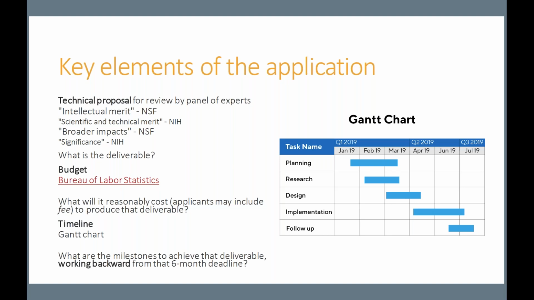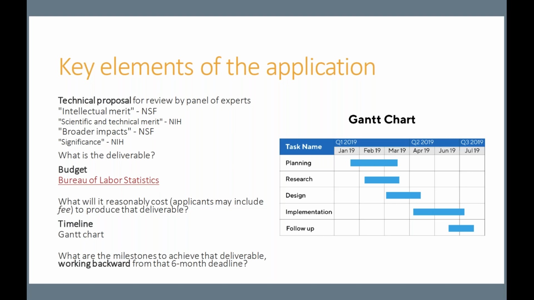Well, I better make sure that those are very clearly articulated in my application as well. So those are the two big sections of the technical proposal that you 100% should cover for every agency. Whether USDA has different phrases, Department of Energy, same thing, but they get to the same basic idea.